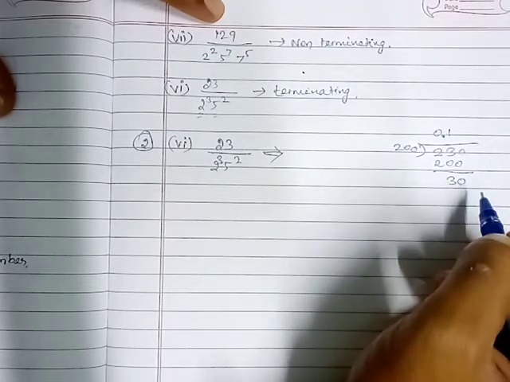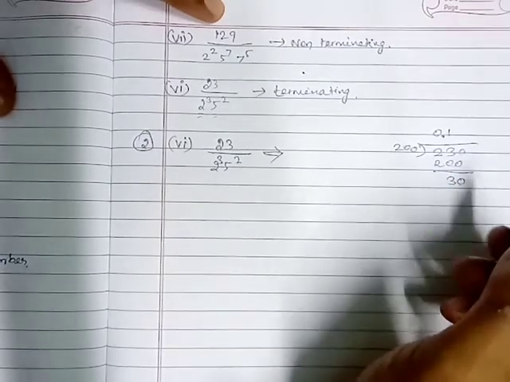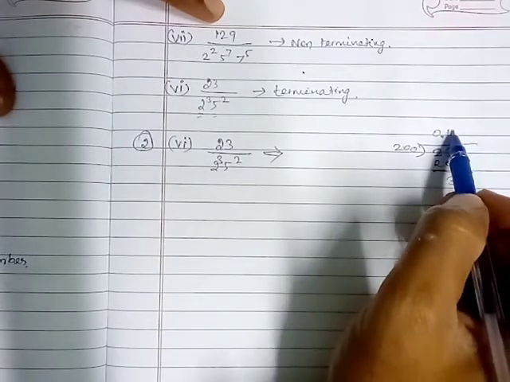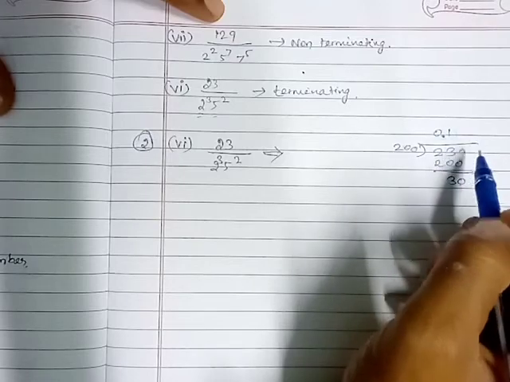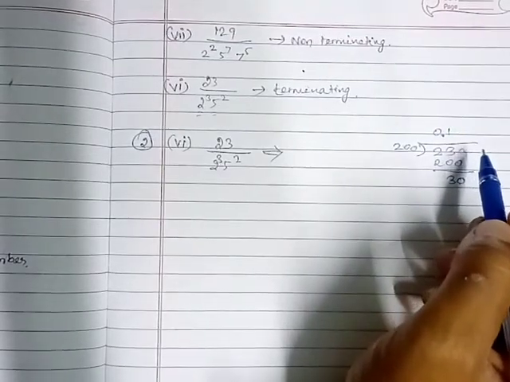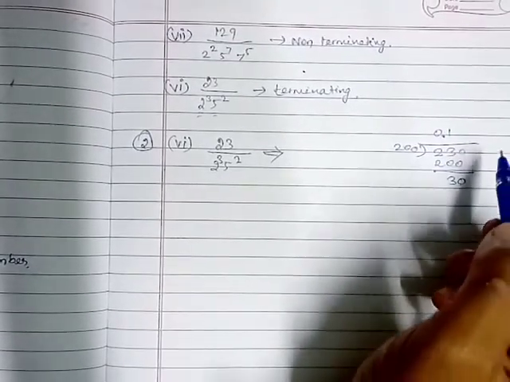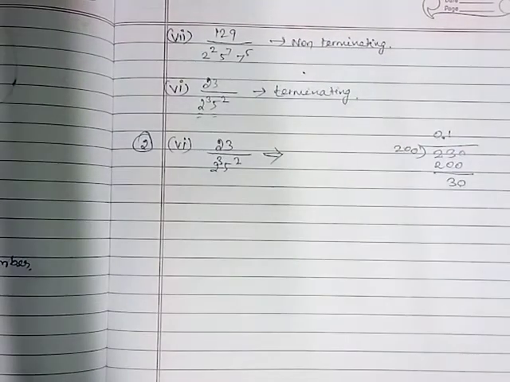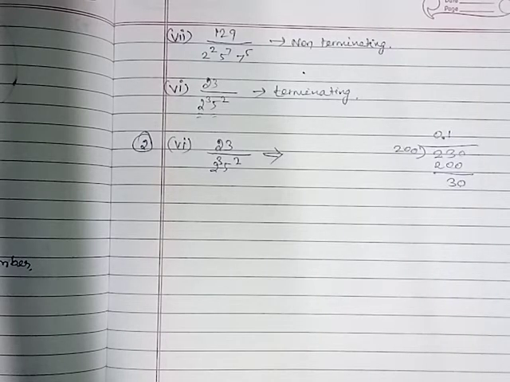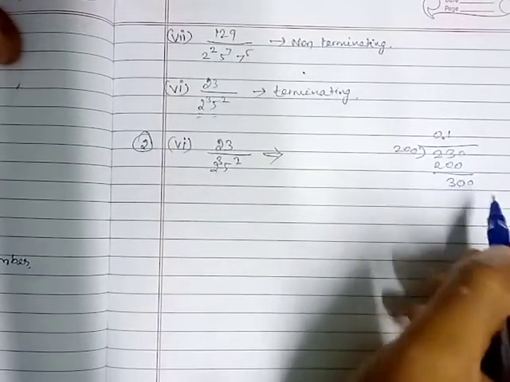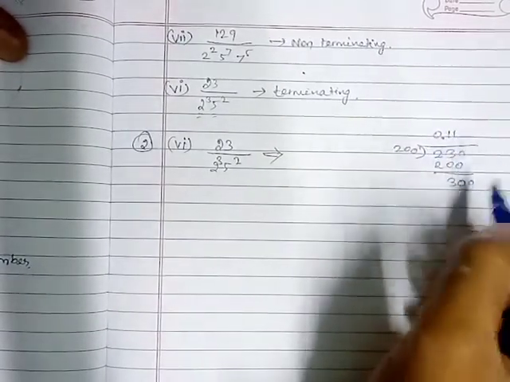In 30 you cannot accommodate 200, so we add a 0. In 300 also, we have only 200.